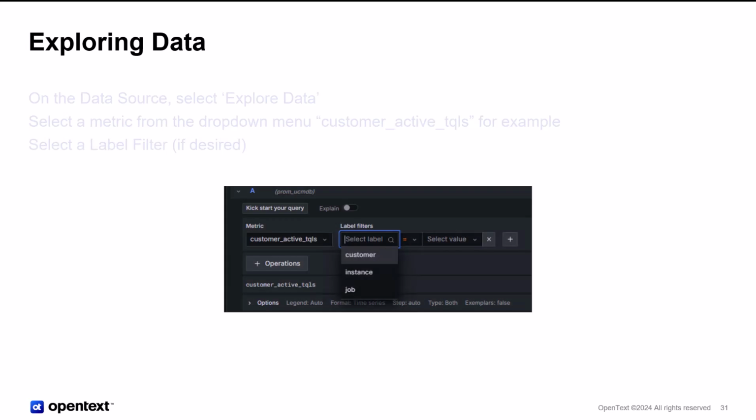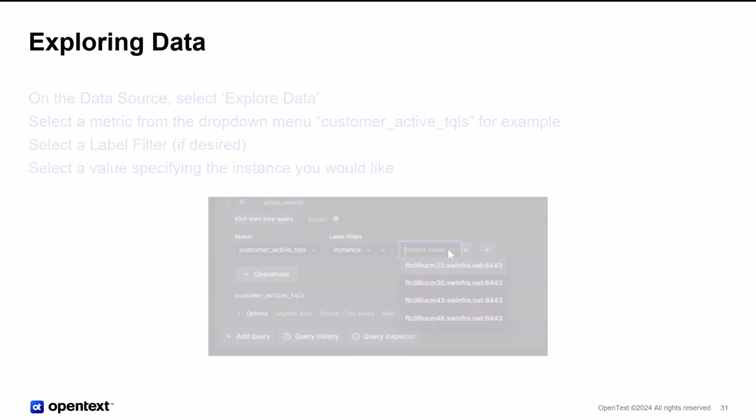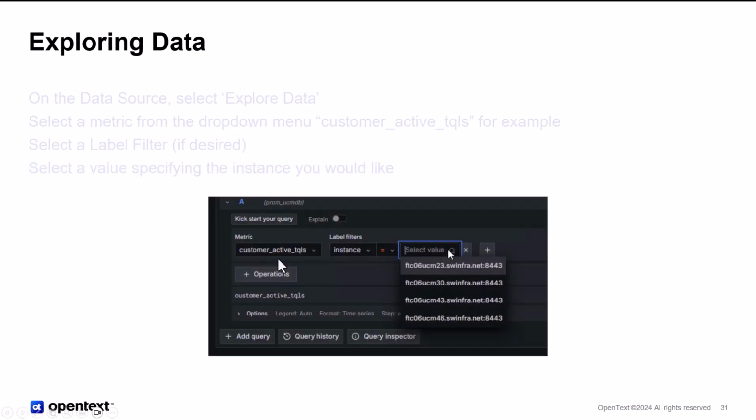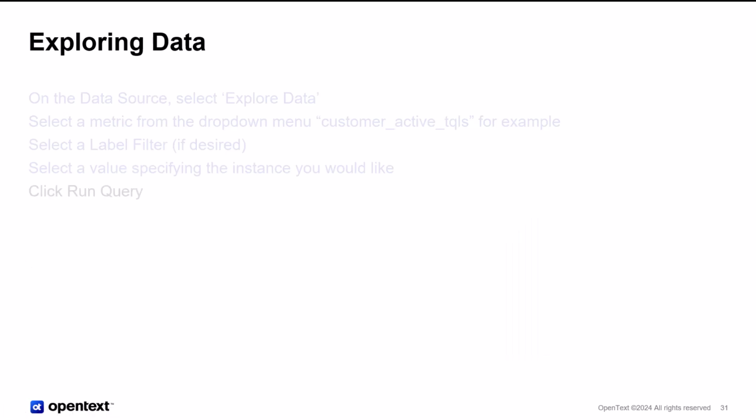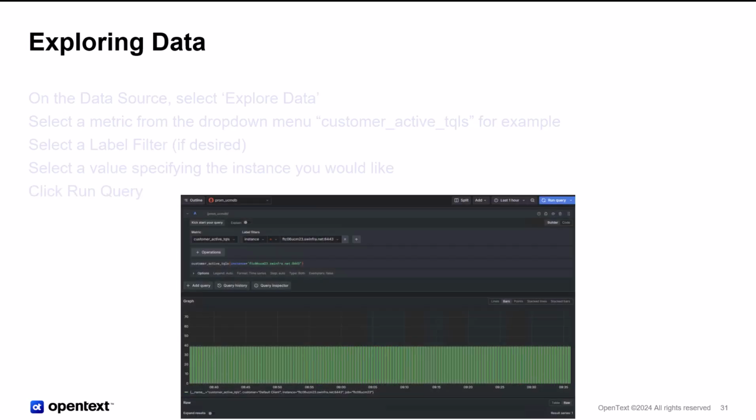If desired, you can select both a label filter and a value for that filter. For example, we could look at the instance and then a particular server, or you could look at a job and then the job name that's specified in Prometheus. Click Run Query, and you will get a graph of what this particular query will look like.